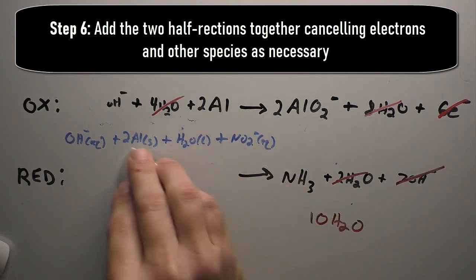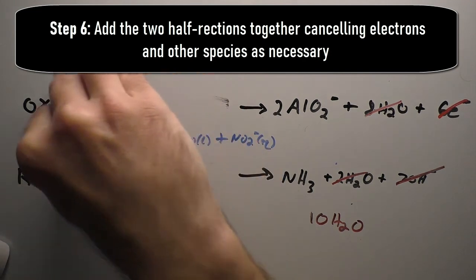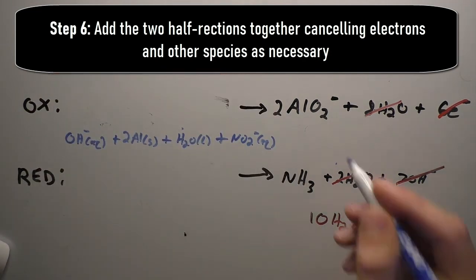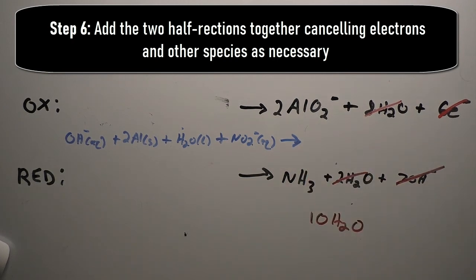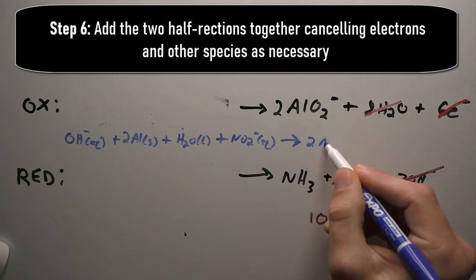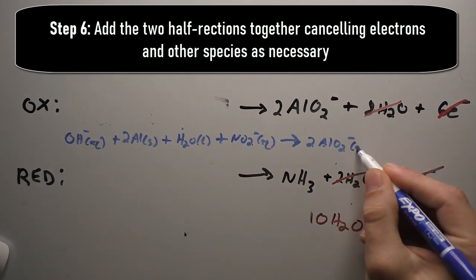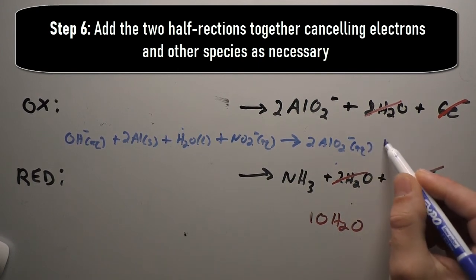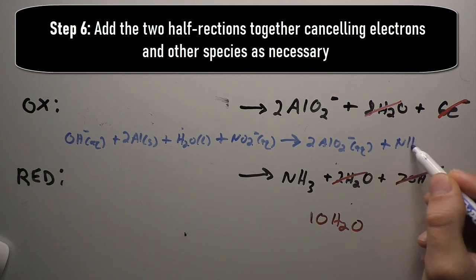So I'll go ahead and just erase everything that was on the left hand side of the half reactions just to clean it up, and then put my reaction arrow in there. We have our 2 aluminates, that's 2 AlO2 minuses, aqueous of course, and then we have our ammonia, that's NH3.